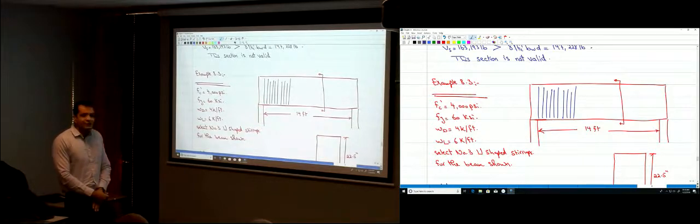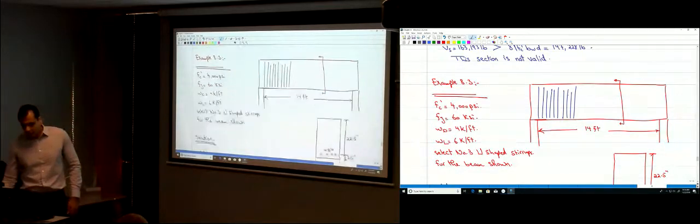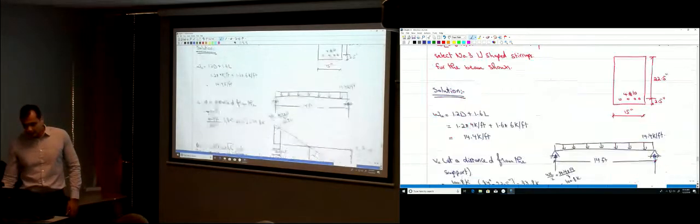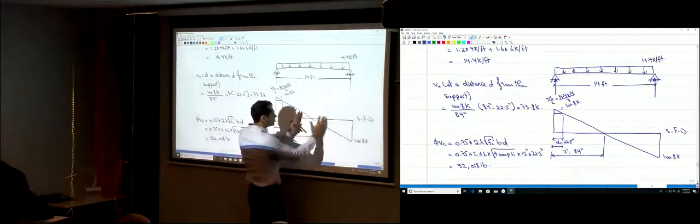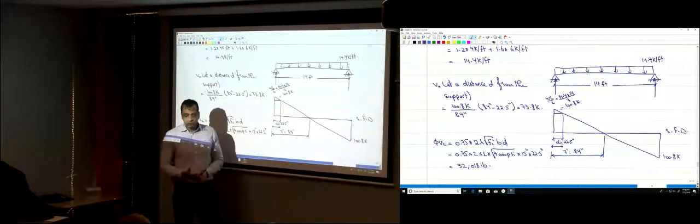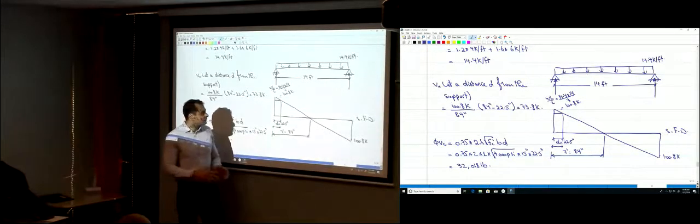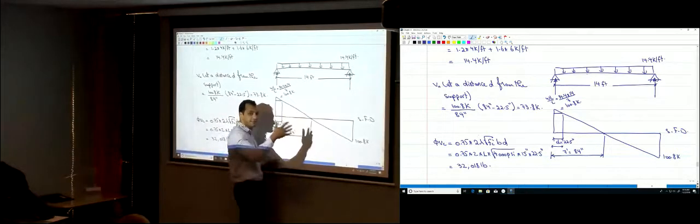But do you really need those stirrups everywhere in the beam? No. Why not? Because if you see this shear force diagram, when you go closer to the middle of the beam, the shear becomes less. So once you move in this way, you need less and less stirrups.